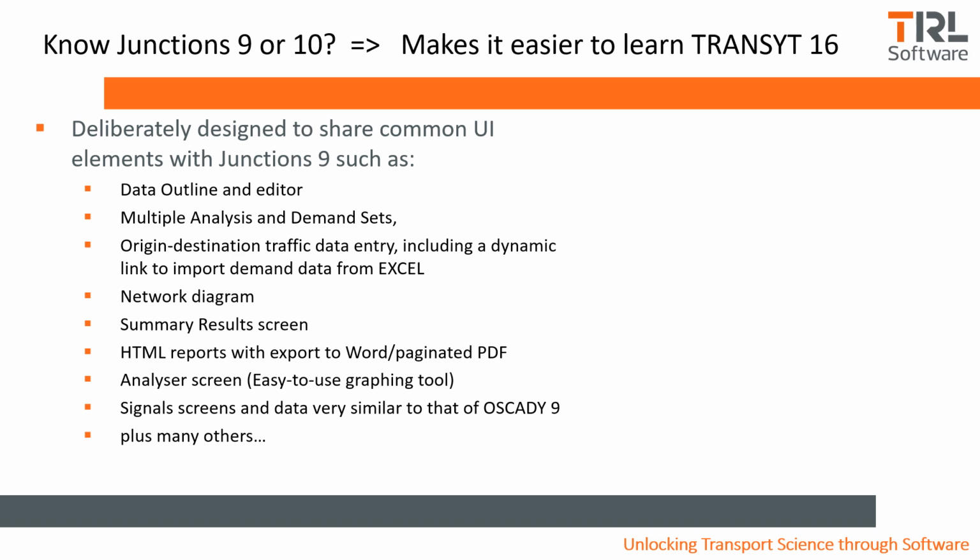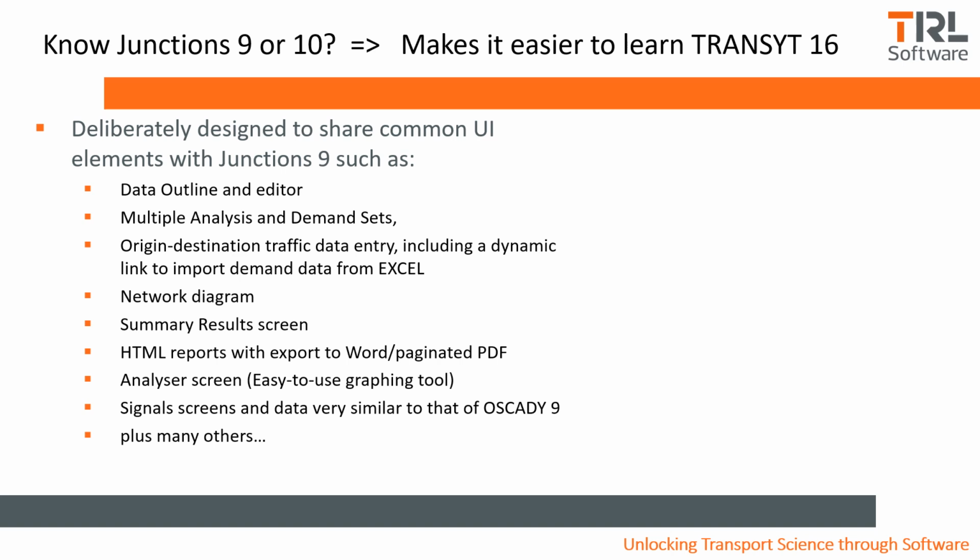There's a few differences, but since TRANSYT 16 came out, they're very similar indeed in how they operate and in their capabilities. You have an origin destination method for entering traffic flows, and a dynamic link to import demand data is now common across the two. You've got a network diagram, which is very similar in some respects. Some results screens are almost identical.